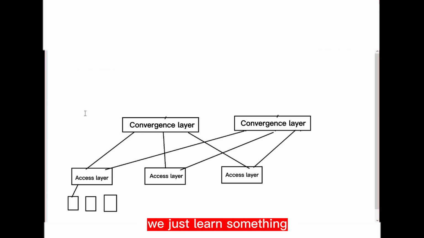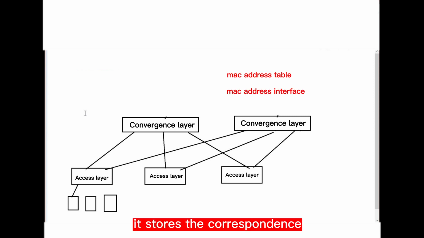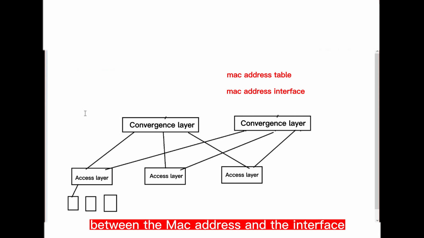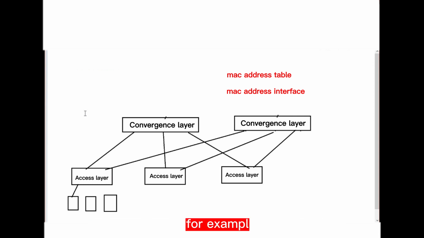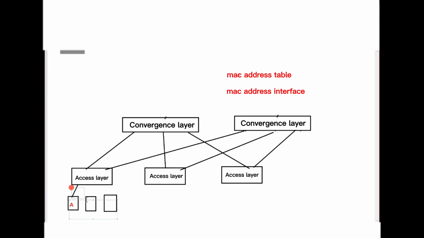We just learned something called the MAC address table. It stores the correspondence between MAC addresses and interfaces. For example, the MAC address of this host is A. This interface is 1, this interface is 2, this interface is 3.